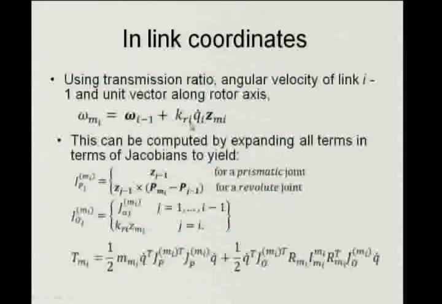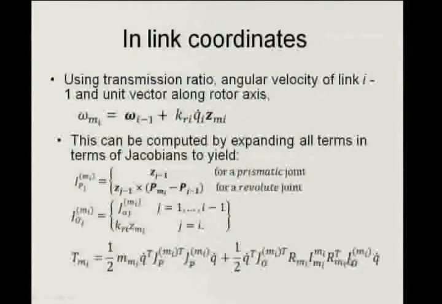Now this angular velocity is of the previous link, while the speed of the rotor shaft is usually related to the angular velocity of the next link, and the relationship is the reduction ratio. So you have to take that into account. Again you derive these partial Jacobians, which have to be stacked, and you add them together to get an expression for the kinetic energy.